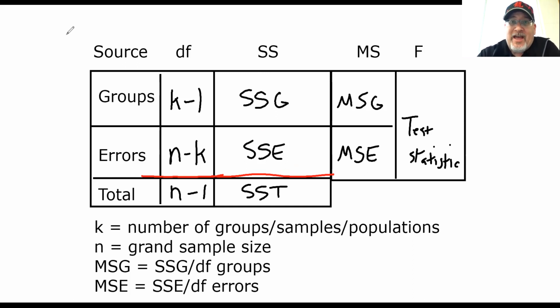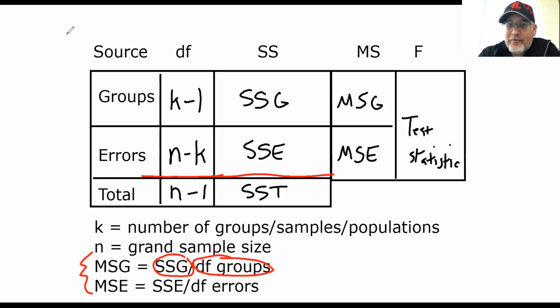The way we fix that is we create what's called the mean sum of squares, MSG, so mean sum of squares for groups and mean sum of squares for errors. And the way we do that, well, it's right down here. The way we calculate the MS's is we just divide the SS by the corresponding degrees of freedom.